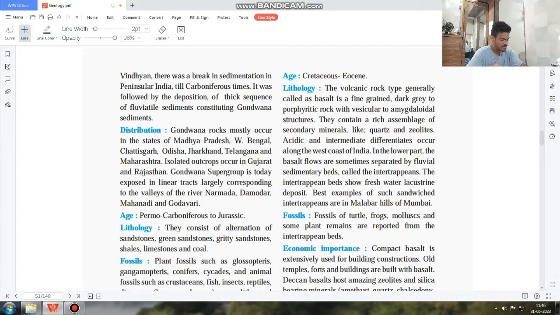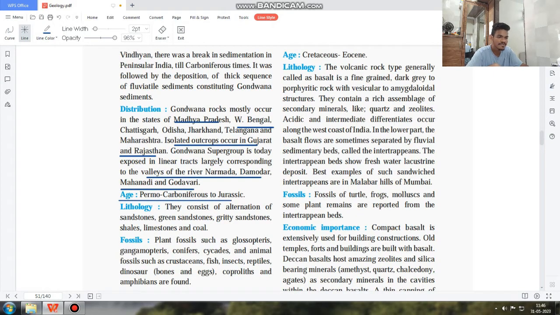Then it is found in different states. Just remember whichever you can remember. Isolated outcrops occur in Gujarat and Rajasthan, and it also occurs in the valleys of rivers Narmada, Damodar, Mahanadi and Godavari. Age: Permo-Carboniferous to Jurassic.